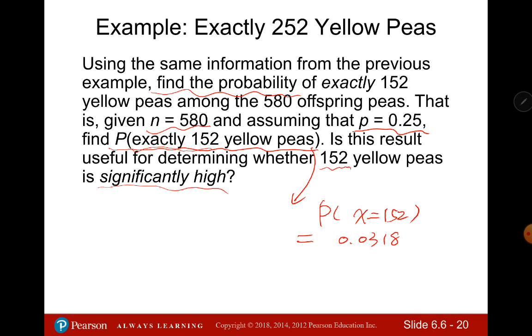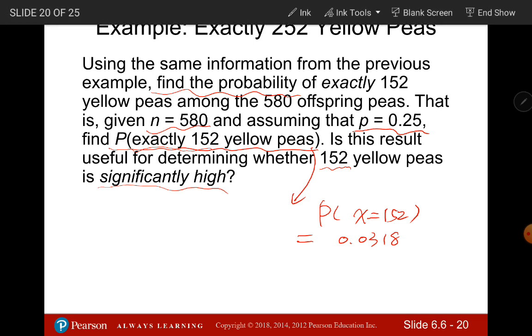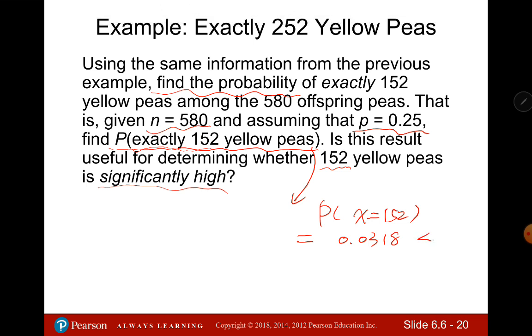Some students will say yes, because this one is less than or equal to 0.05. So our conclusion is yes, 152 is a significant value. What do you think? Is that correct? If it's correct, then we get a different conclusion from the previous part.